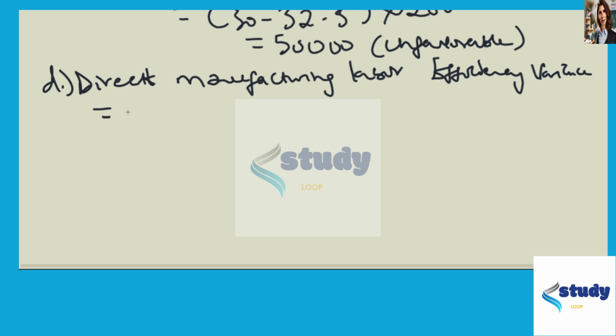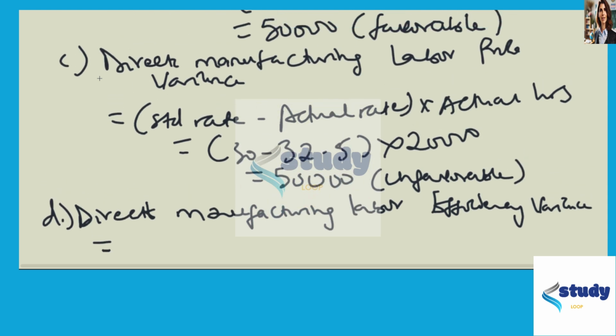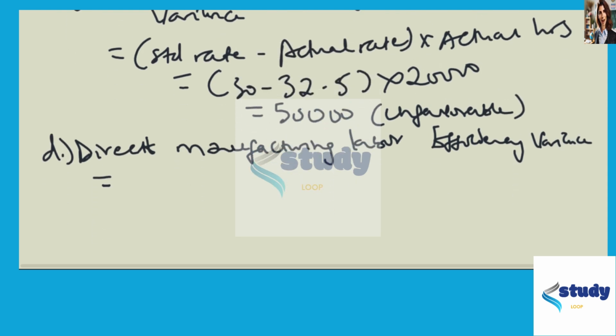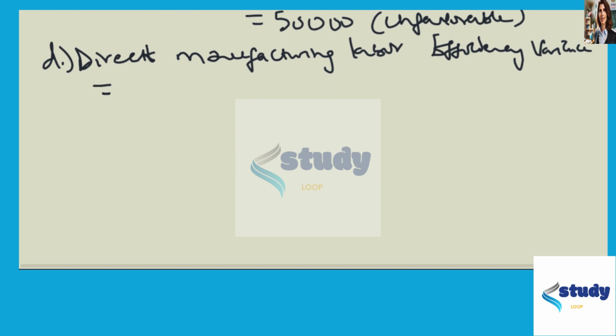This is equal to the standard hours minus the actual hours, multiplied by the standard rate.